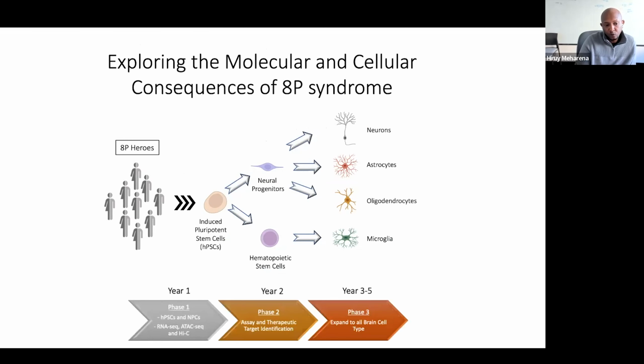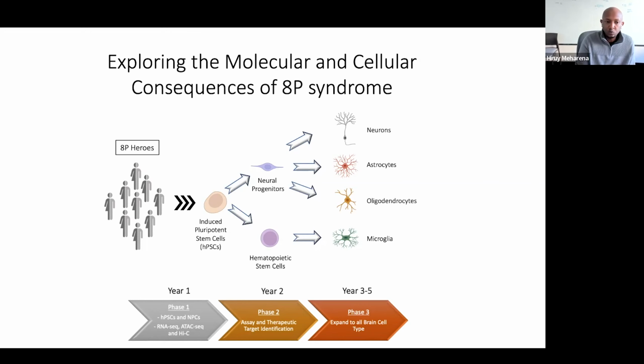And so the timeline that we're looking at is, for the first year, we want to focus on induced pluripotent stem cells and neuroprogenitor cells, like I showed you in most of the studies that we've done so far, to get a better understanding of how duplication of this 20 megabase region of AP impacts the 3D genome architecture, the transcriptome, and the epigenome of the different cell types of the brain.